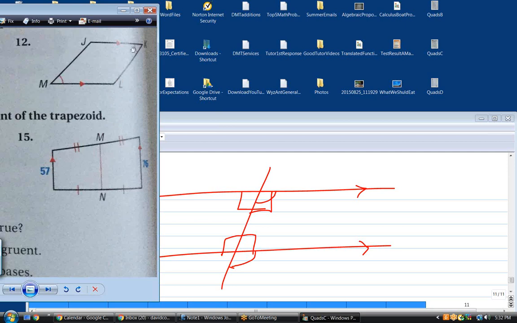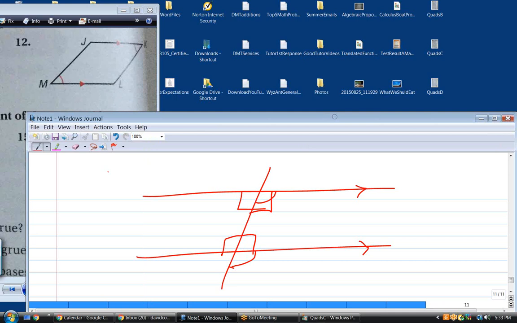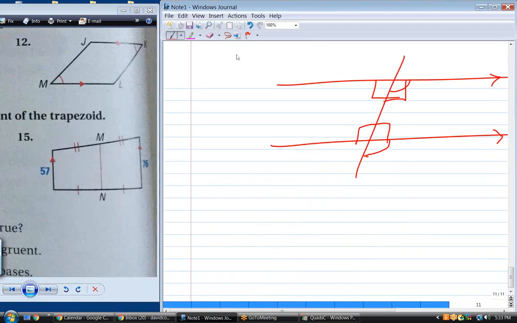So JM would have to be parallel to KL in addition to JK being parallel to ML. Oh, okay. Figure 12 is a parallelogram, so that makes sense, not a trapezoid.